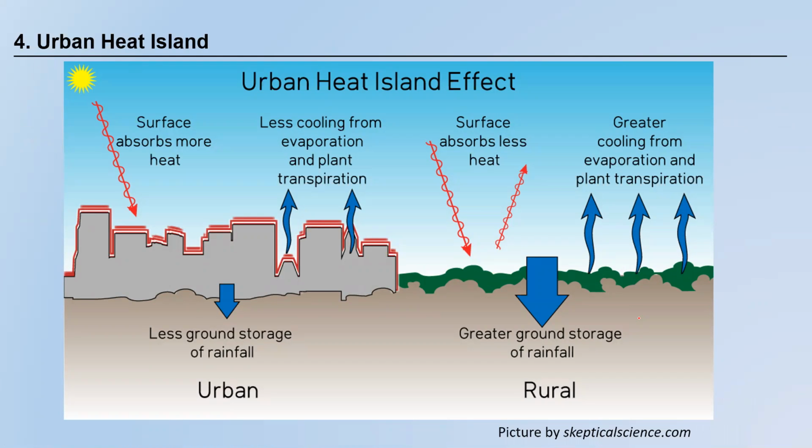The most important factor here is impervious surface. They're pretty good at absorbing heat from the sun. And they're pretty good at storing or keeping those energies inside instead of discharging them. Less cooling from evaporation and plant transpiration. Why less cooling from evaporation?